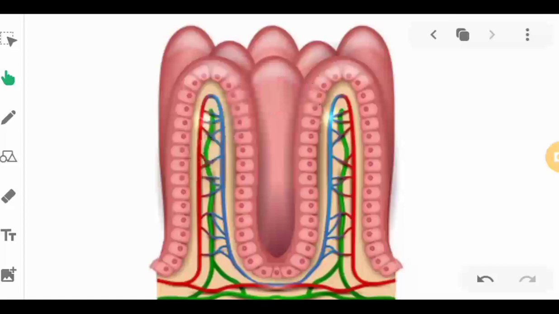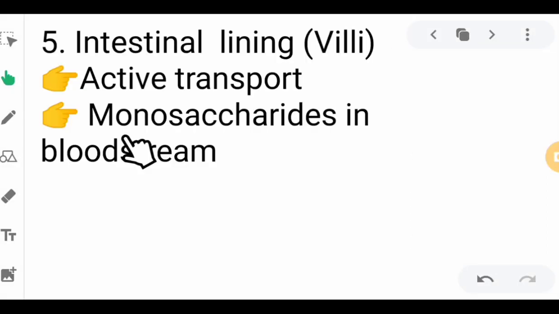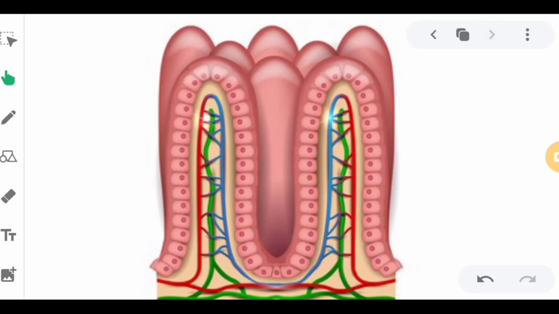Through active transport, the monosaccharides, being the simplest units of carbohydrates, are pumped with the help of ions to pass through here and enter the bloodstream. So that is all for digestion and absorption of carbohydrates.